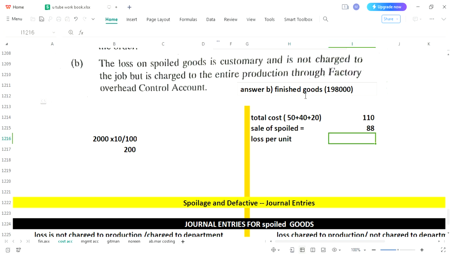Price was 110 total cost, and we have recovered only 88. Remaining would be considered as your loss. Total cost was 110 and you received 88 as disposal. So loss of 22 per unit is the spoiled loss.